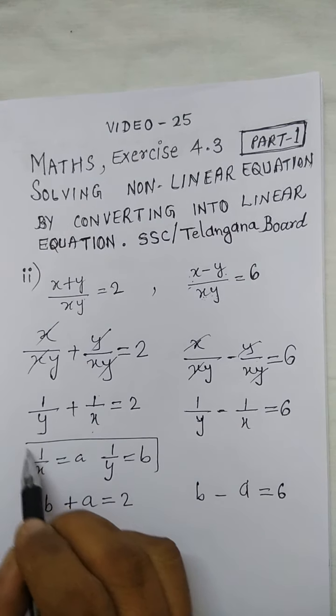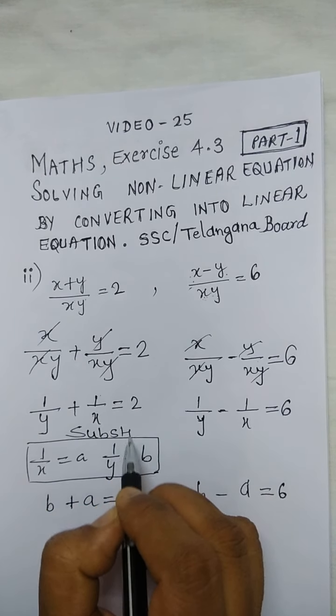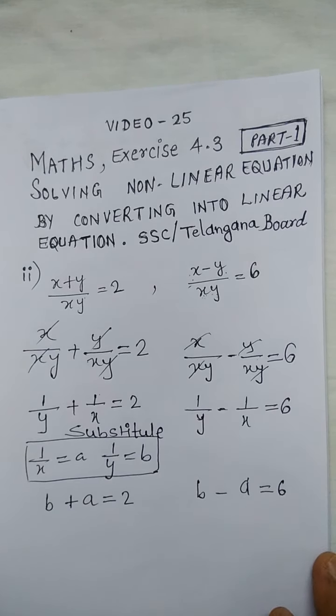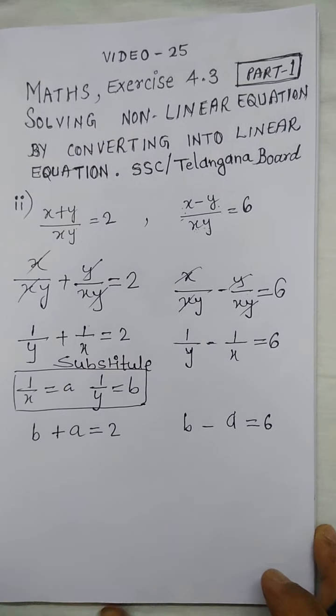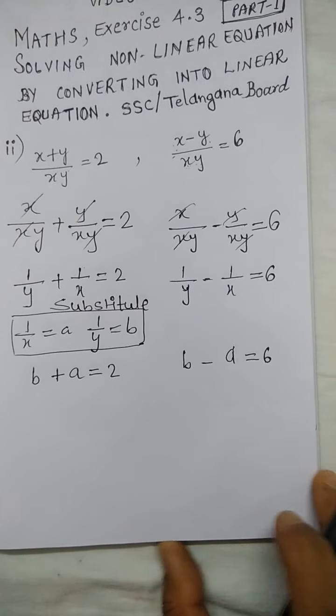Now these substitutions we have done. You can write here, substitute. Why are we following this substitution? To get our equations in the linear form. Now we can easily apply the elimination method. So let us solve by the elimination method.